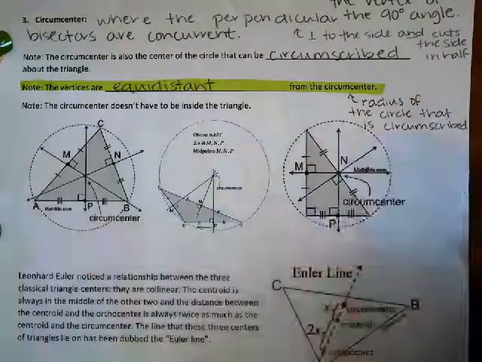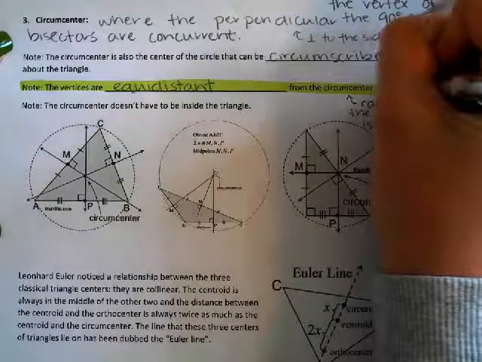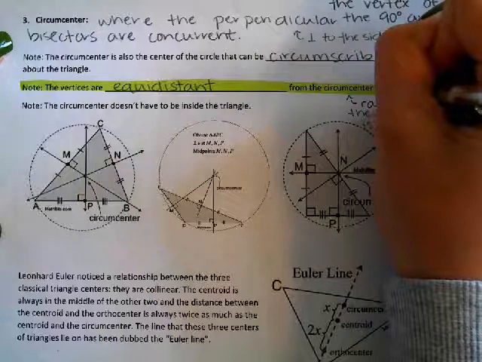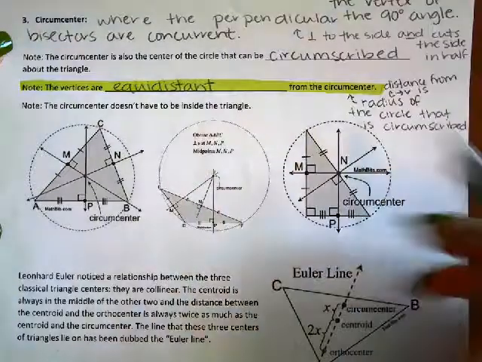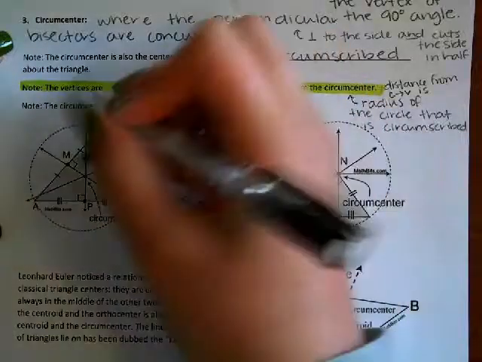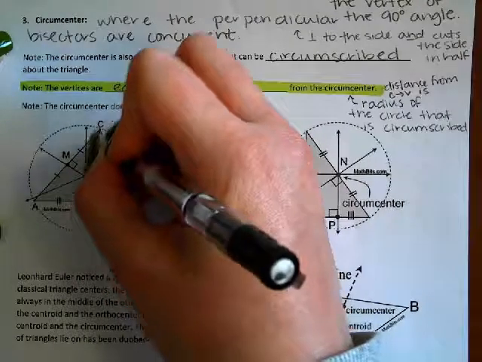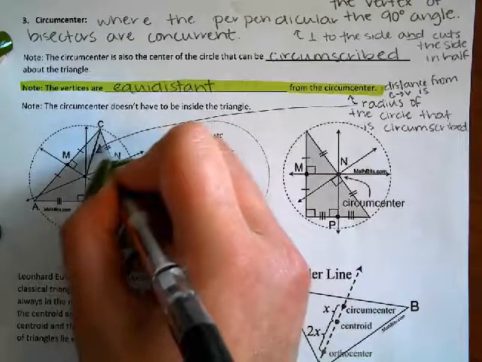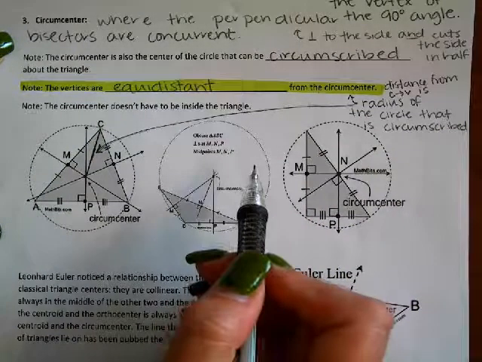The distance from the circumcenter to the vertex is the radius. Okay, so the distance from the circumcenter to the vertex is the radius of that. So this right here, that's what actually helps me to remember it. All right, so that's really important. That's going to show up in math problems.